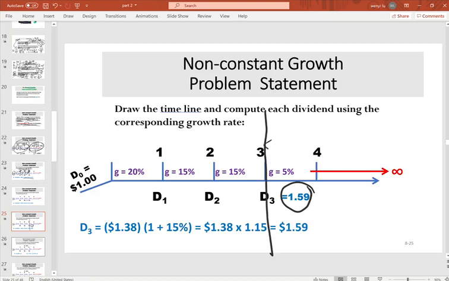After time 3, our dividends will keep growing at the same rate forever.